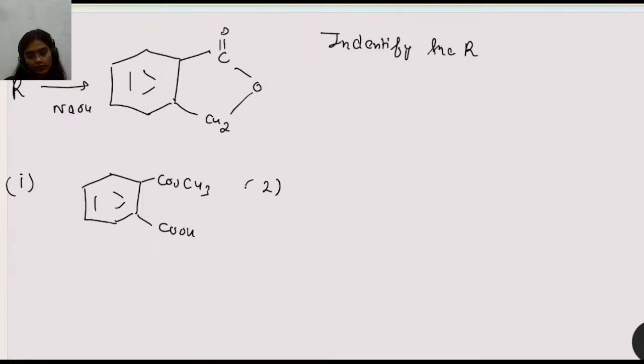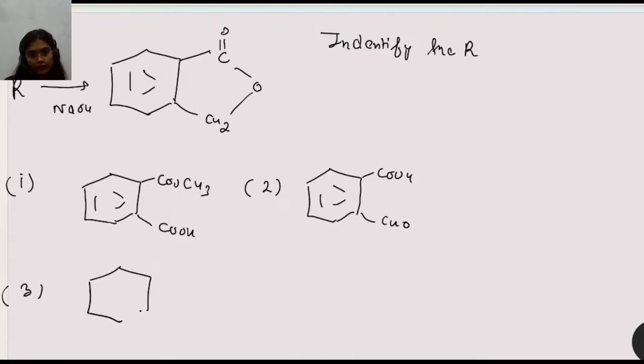This is reactant number one. Point number two is CHO and an acid. And more than one option can be correct here. I know this is a Main question, but still in this question the possibility of two options may be there. So be noted. Now option number four, right?